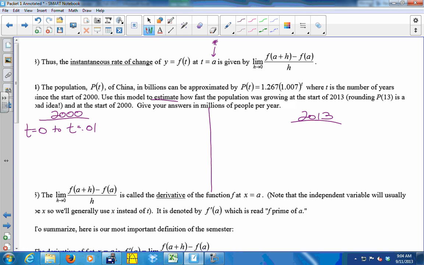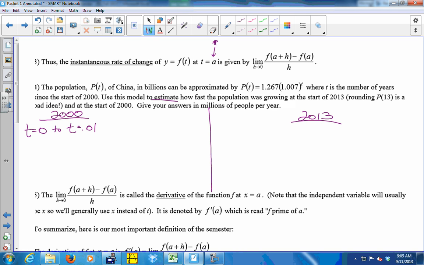So it's perfectly acceptable also to go say like negative 0.01 to positive 0.01, and get an average rate of change that encompasses, so that your time interval encompasses the year that you're interested in. That's fine.